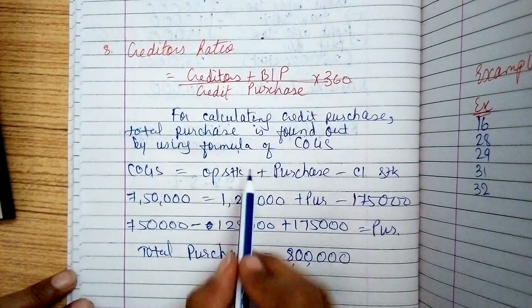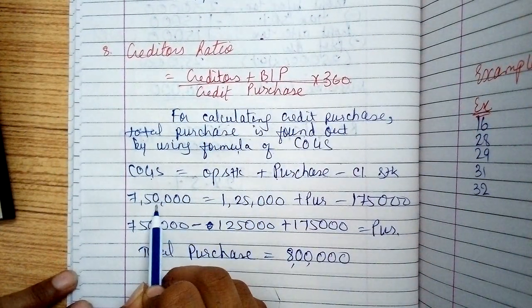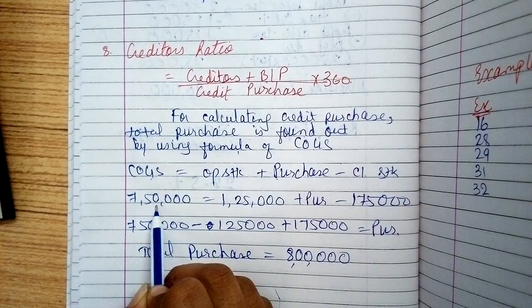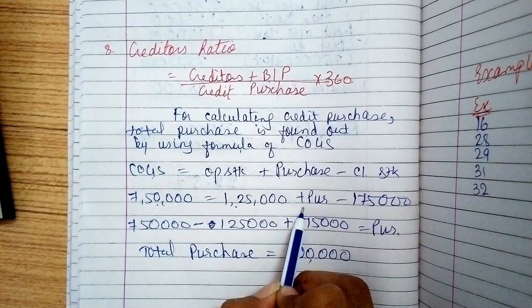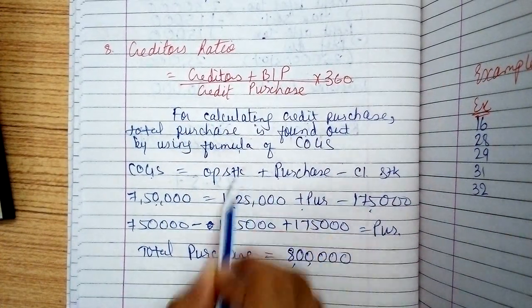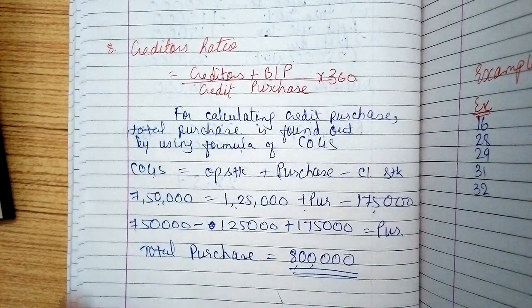We have the answer of COGS that we have just found out under information number 1. So COGS 7,50,000, opening stock 1,25,000 plus purchase minus closing stock 1,75,000. So by solving this equation, we get our total purchase rupees 8 lakhs.